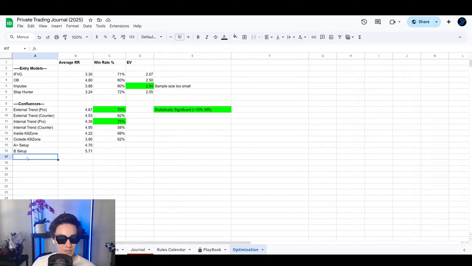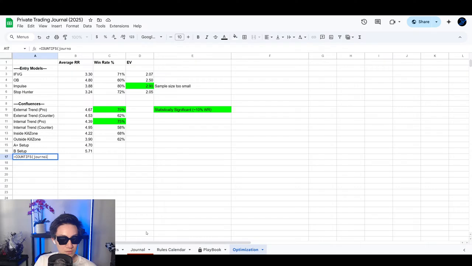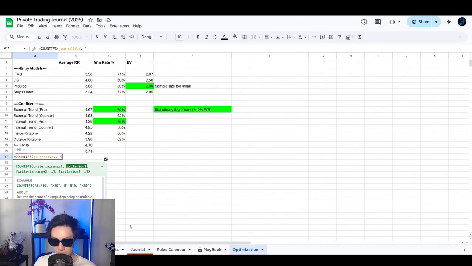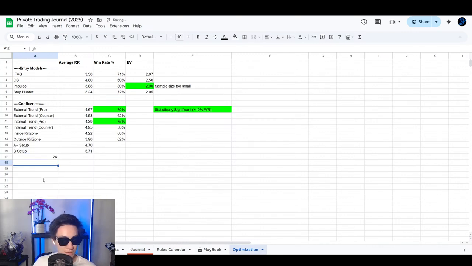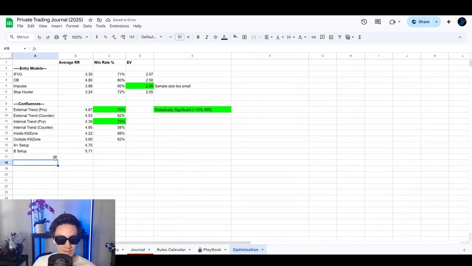Now, if we want to count, we can count how many. We just want to count from journal V to V, and then count the number of A. So I've journaled 26 A setups, and then the number of B setups, 22, so about 48, which is almost halfway to 100, right?